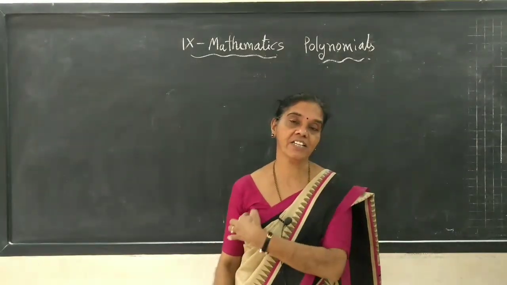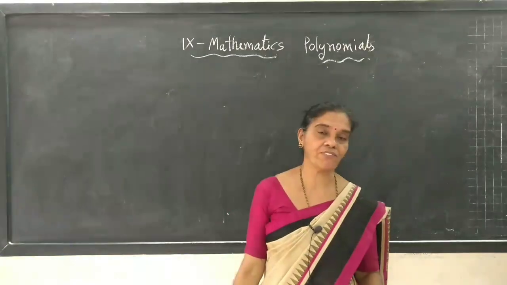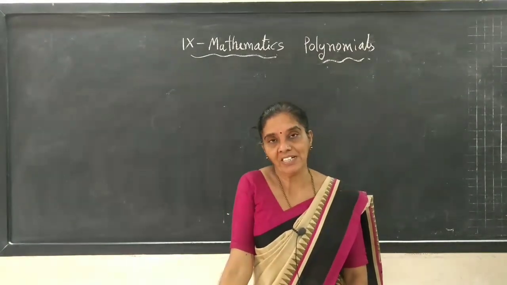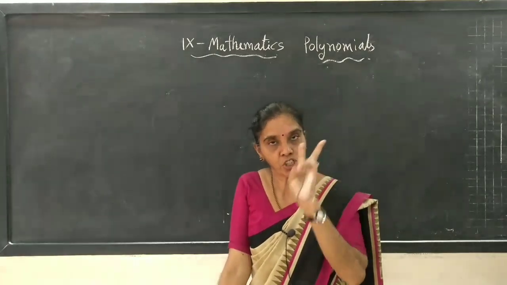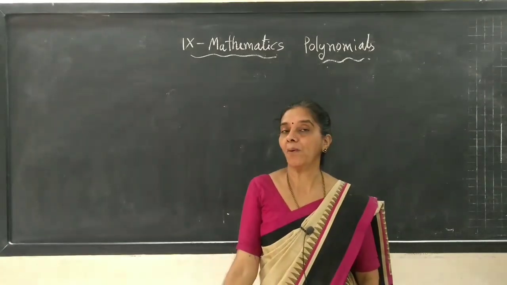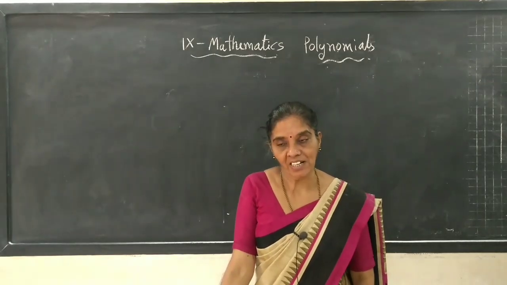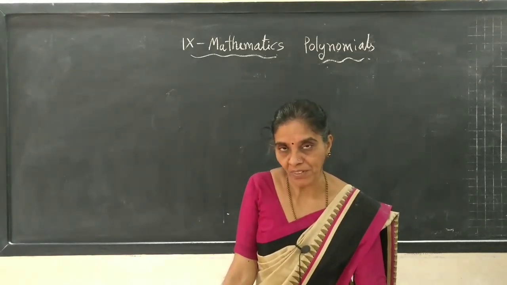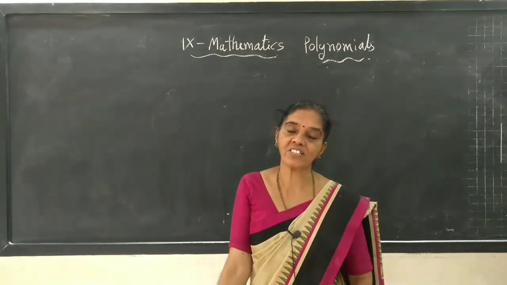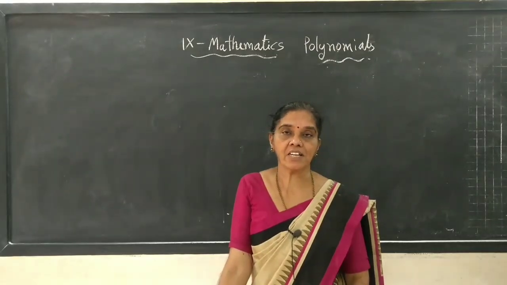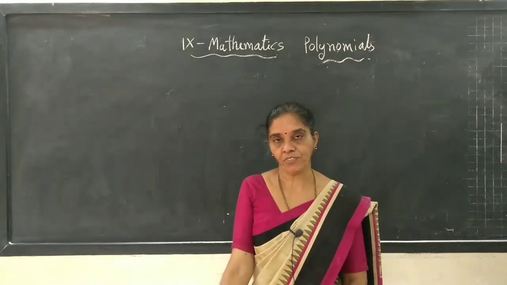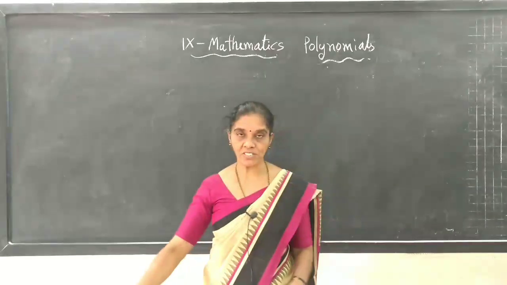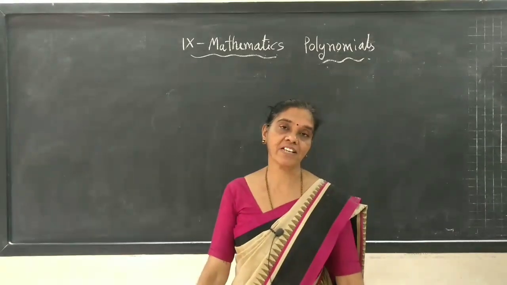Then lastly, we studied different types of polynomials based on degree: degree 1 is a linear polynomial, degree 2 is a quadratic polynomial, and degree 3 is a cubic polynomial. And if the polynomial has only a constant number, the degree is always 0, not 1. So these are the important aspects we have studied in the first exercise.